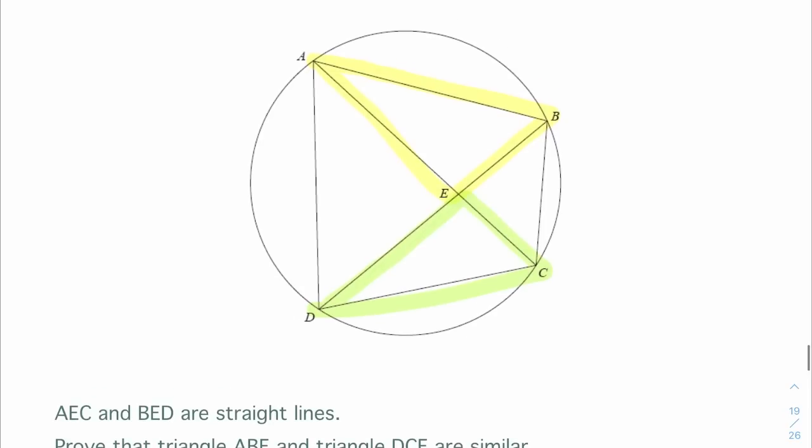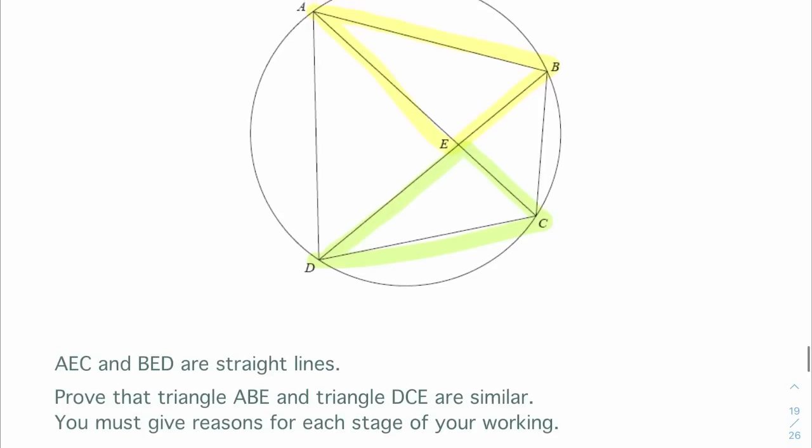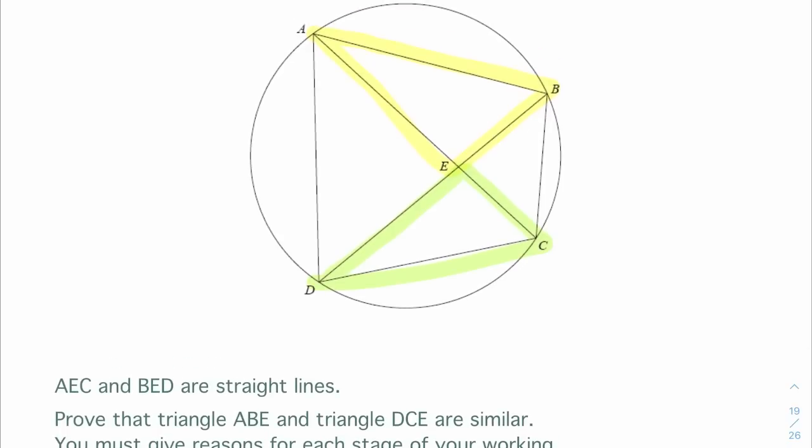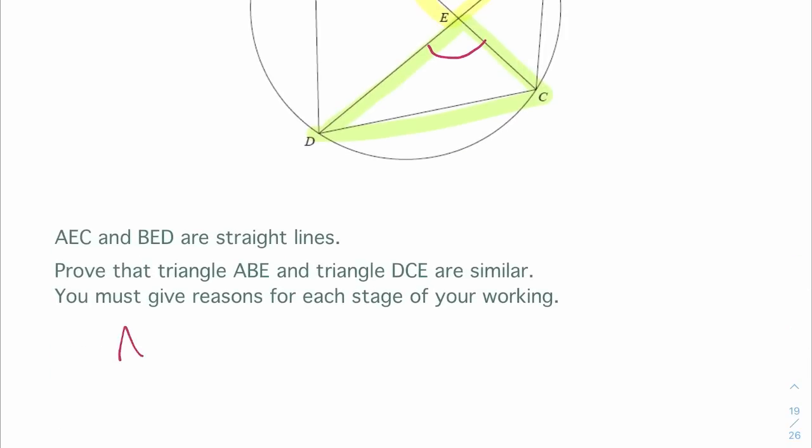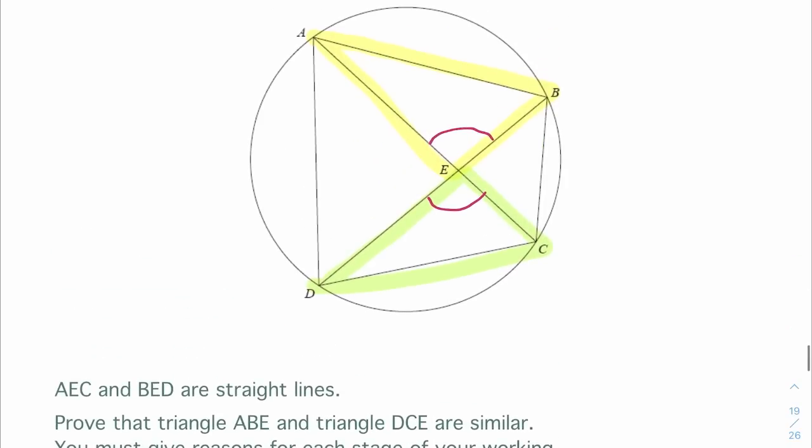So to prove triangles are similar, we want to prove that the angles are all the same. So how can we use any rules of angles to show that these are similar? Well, the first thing that stands out to me is that this angle here and this angle here are vertically opposite angles. So let's label that one to start with. So that's angle AEB, sorry.